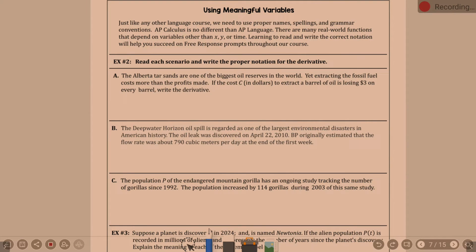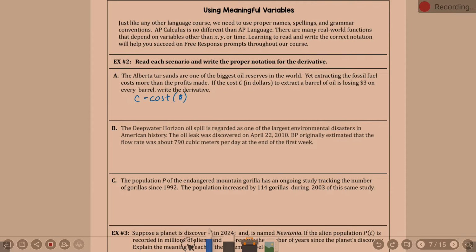Okay, so they gave us at least one variable here. They told us that C is going to be cost, and that was specifically cost in dollars. What else did they talk about? I guess they didn't give us the other variable. But what are we talking about? Barrels.